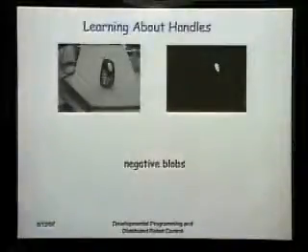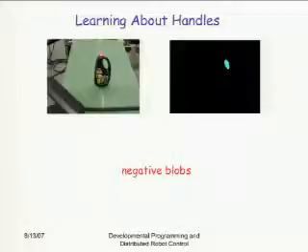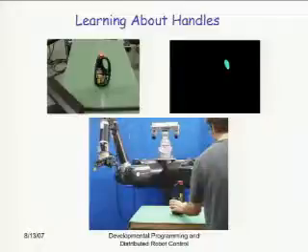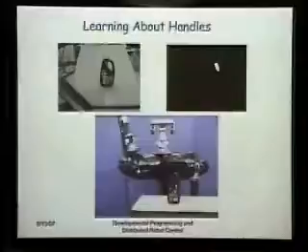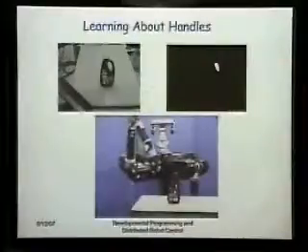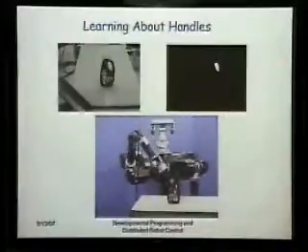He learned about handles by the same method, except that a hole is a foreground object that has a background segment through it. And if you see that, it's particularly compelling as a reaching goal because the handle affords very stable and reliable grasping, and the robot learns that relatively quickly.